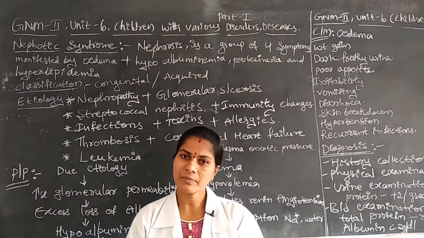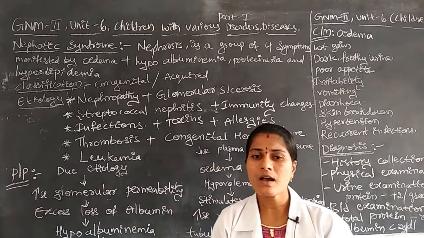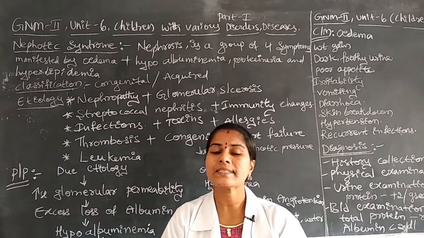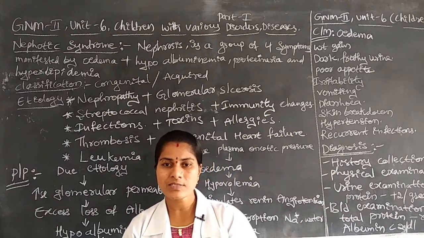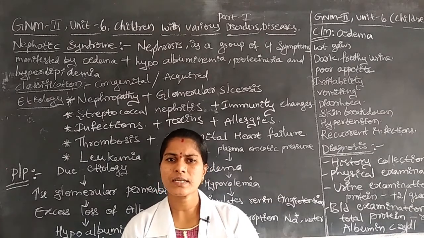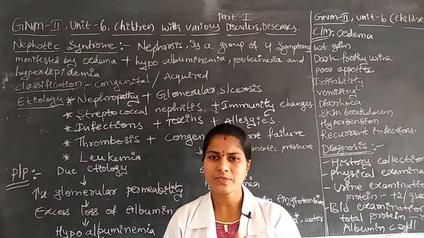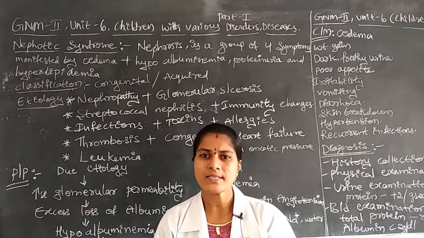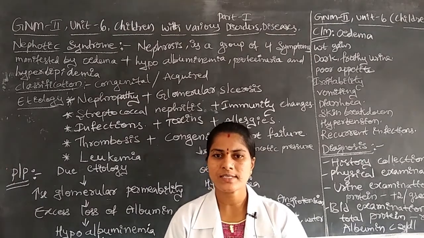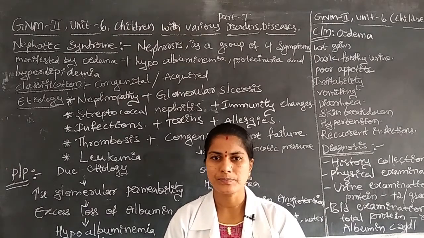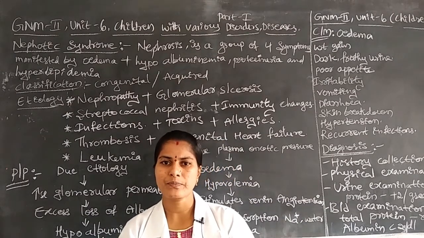So: albumin levels decreased in the blood, cholesterol levels increased in the blood, protein loss in the urine, and edema formation in the body. When these four major symptoms are identified in a child, we decide the child is suffering with nephrotic syndrome. This is the definition of nephrotic syndrome.